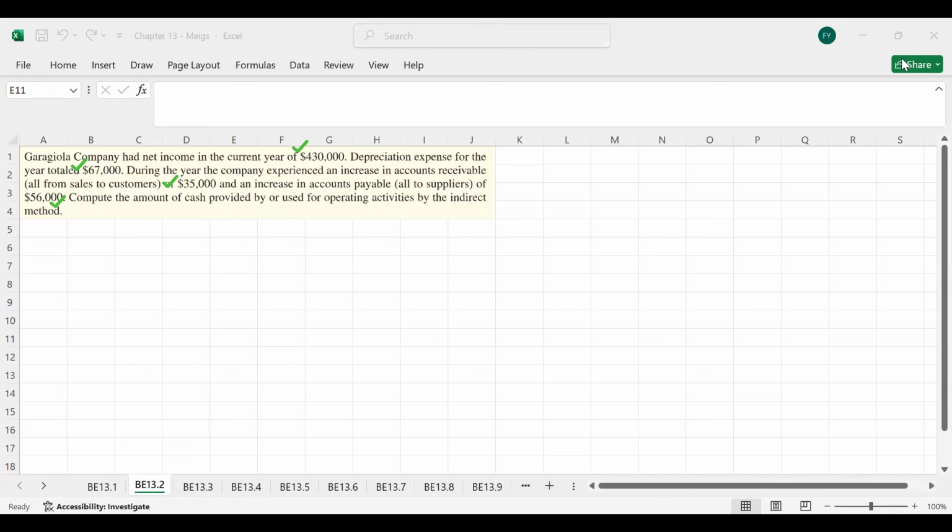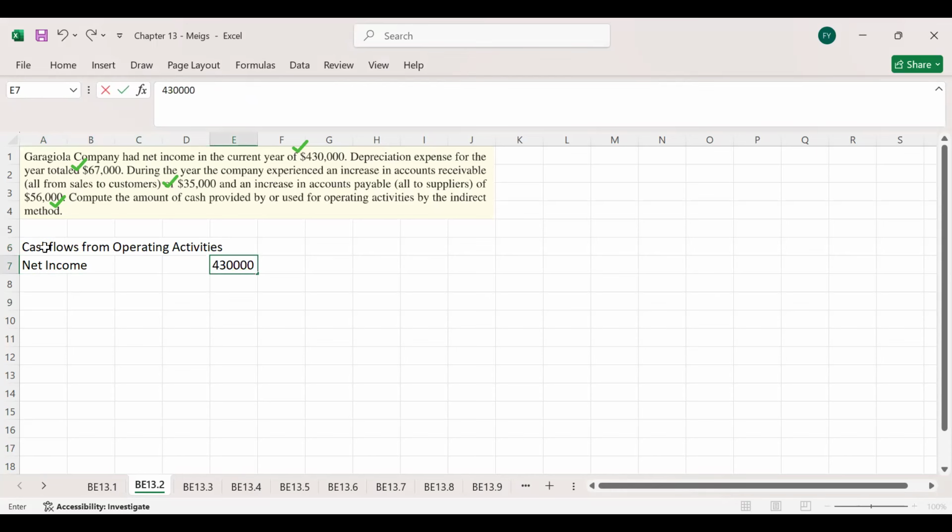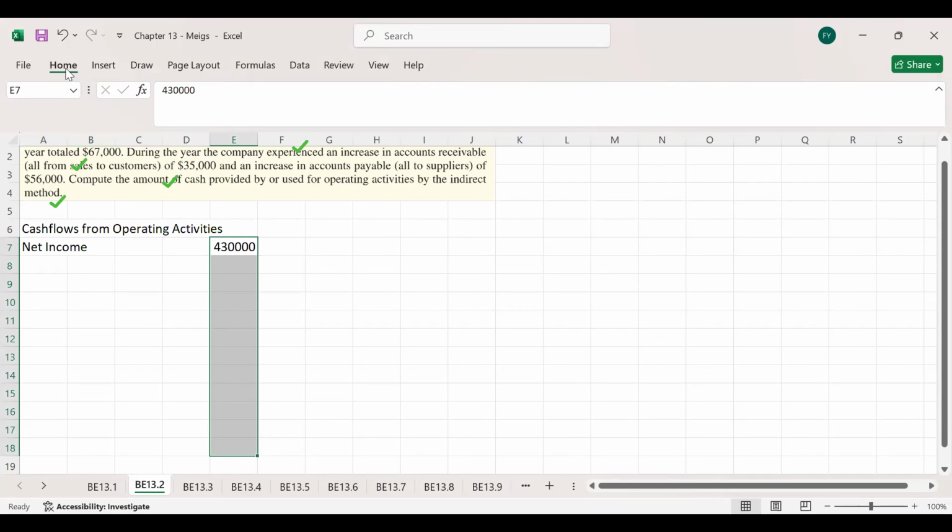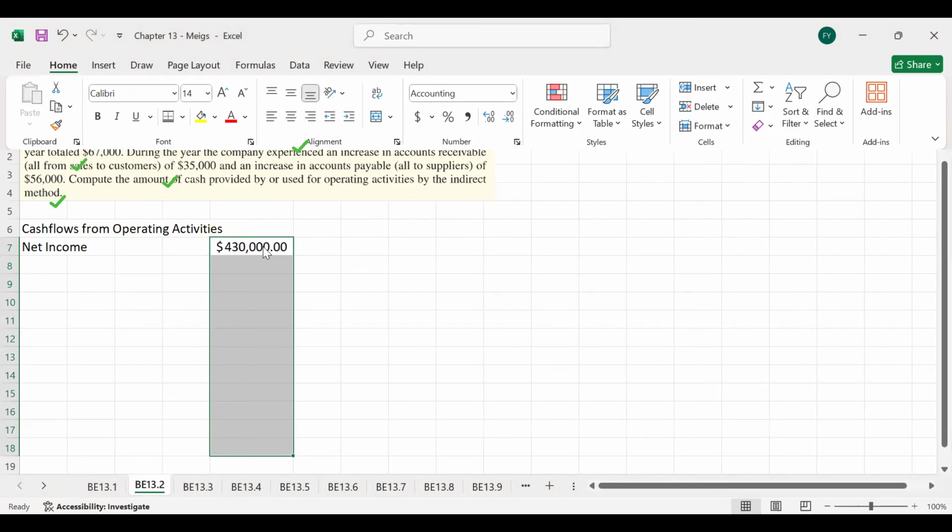So the indirect method, as we have discussed, starts with net profit. So, cash flows from operating activities, and first of all we have net profit or net income, and net income is $430,000. As all the amounts are in dollars, here we have the dollar sign.